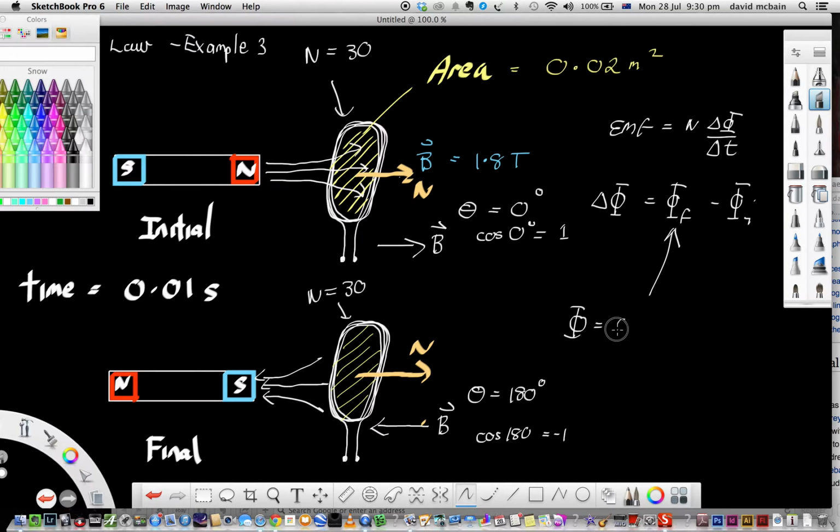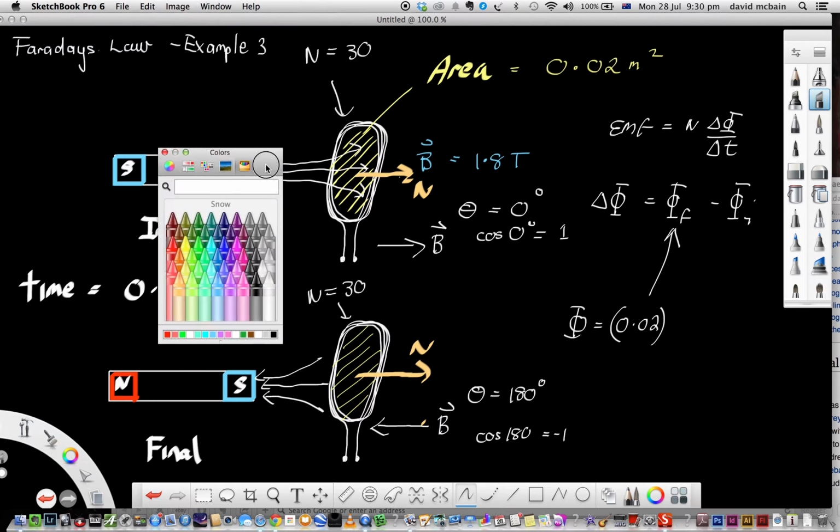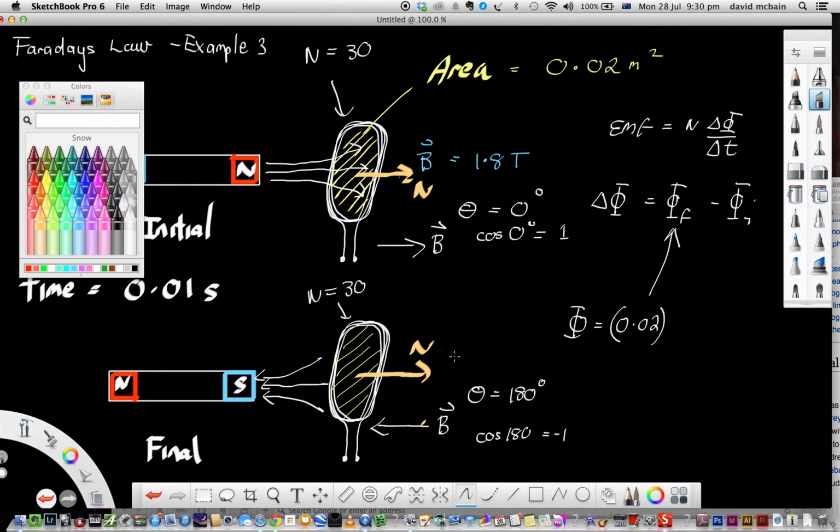So the flux is going to be B times A. The area is 0.02 times B. All right, so the magnetic field strength, we'll make it 2 Tesla. Okay, so there's our magnetic field strength, 2 Tesla in both cases.